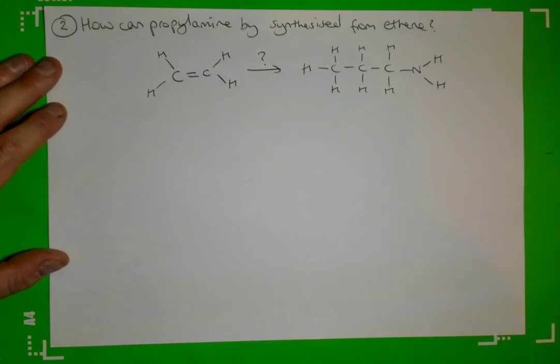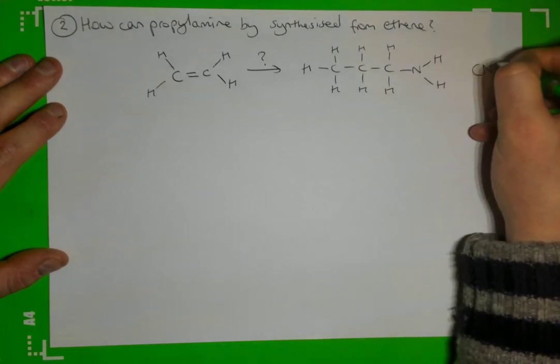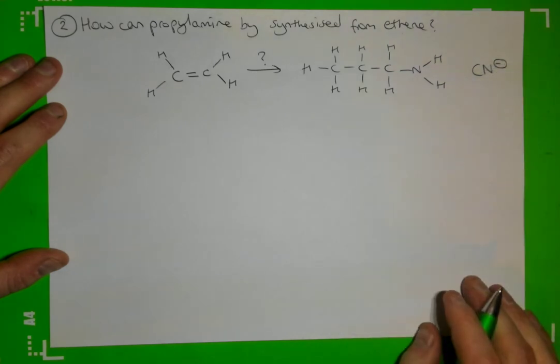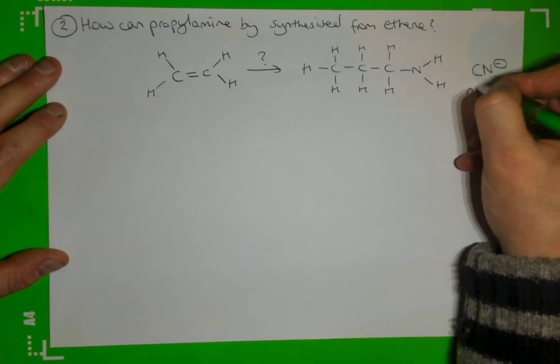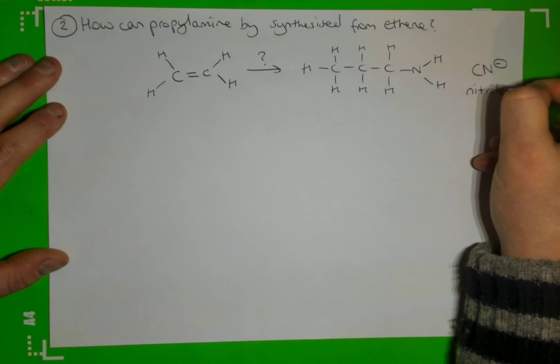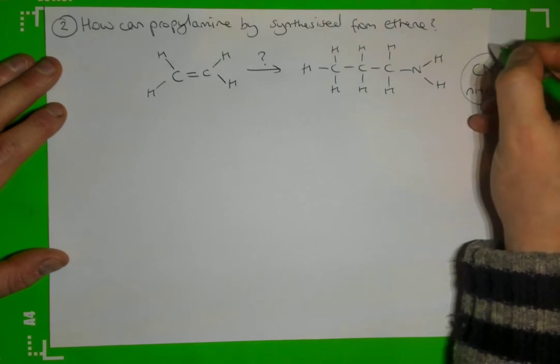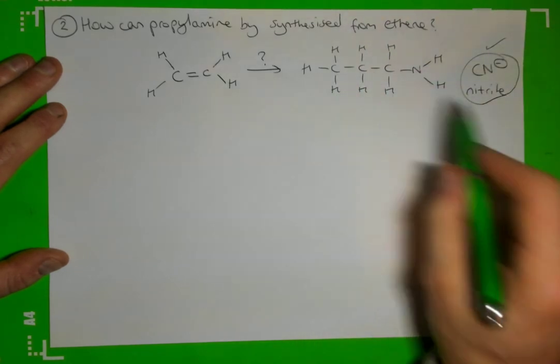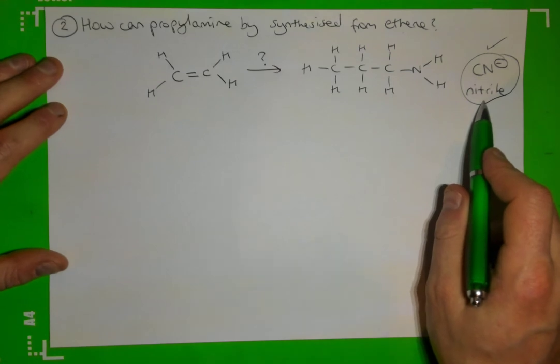So this suggests the formation of a nitrile is involved at some stage. So we're going to need some CN- at some point, and one of the intermediates is going to be a nitrile. That's because we're increasing the carbon chain. That's my first little tip there.